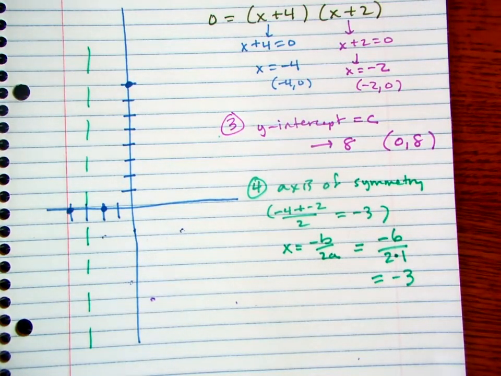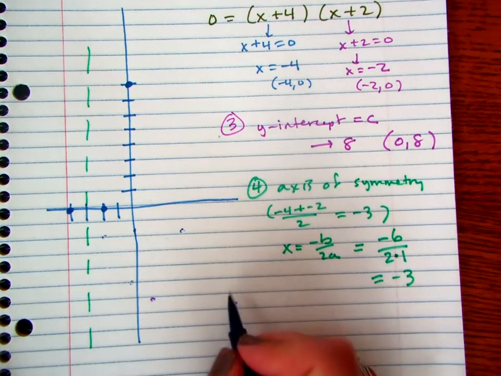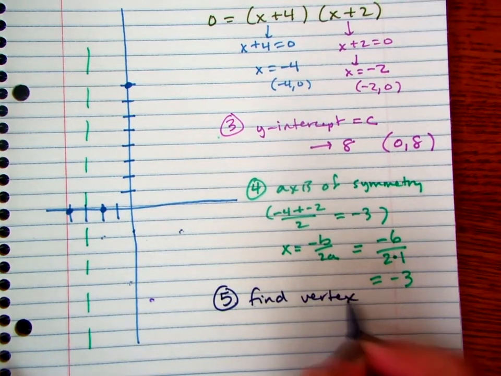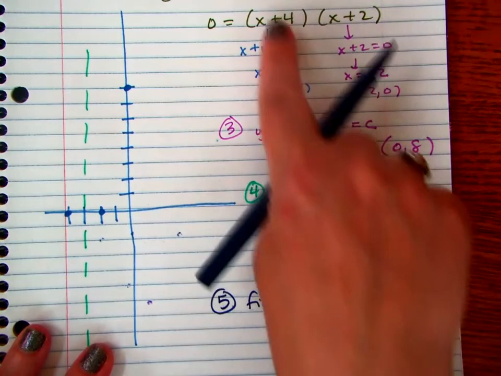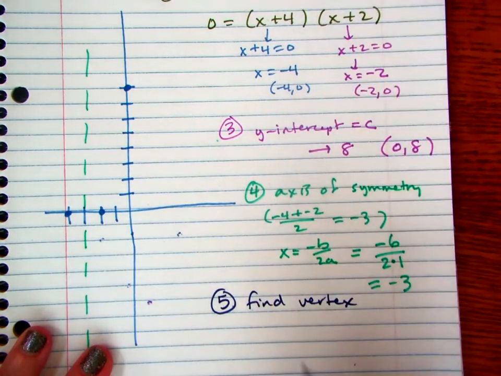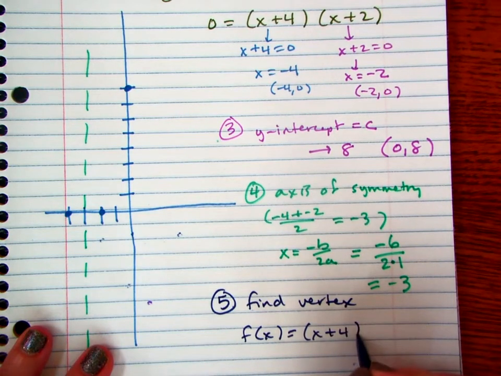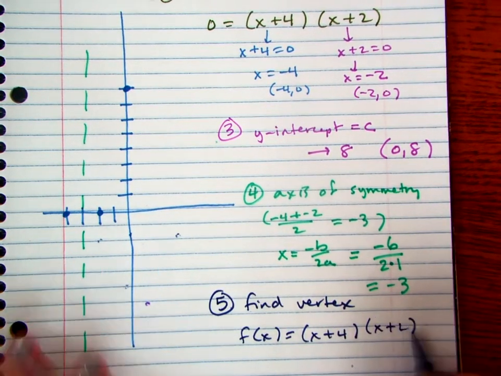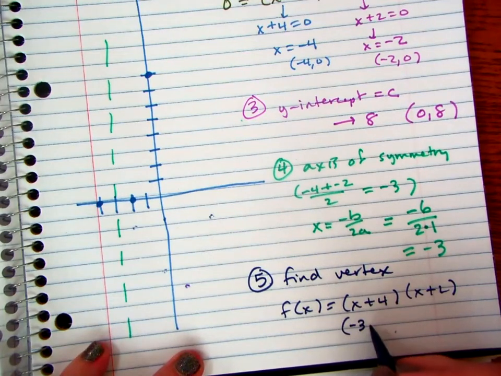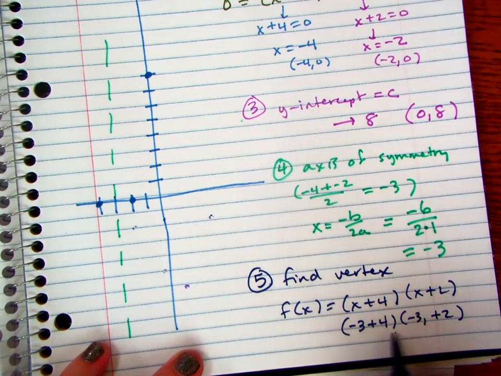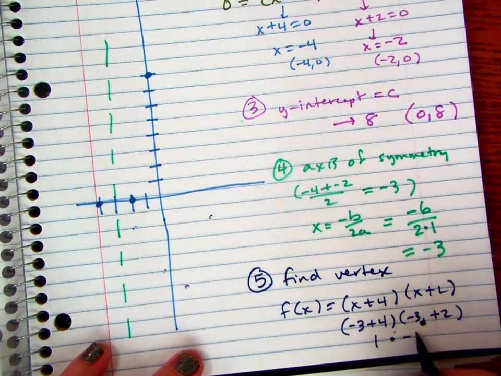The last thing to do is to find the vertex. Again, you're going to plug it in, and I prefer, like I said, to plug into this factored form. So f of x in this case would be x plus 4 times x plus 2, and I would plug in that negative 3. So negative 3 plus 4 and negative 3 plus 2. Negative 3 plus 4 is 1, and negative 3 plus 2 is negative 1.